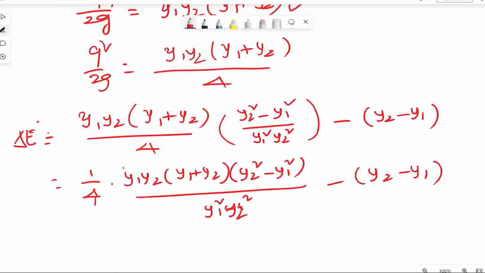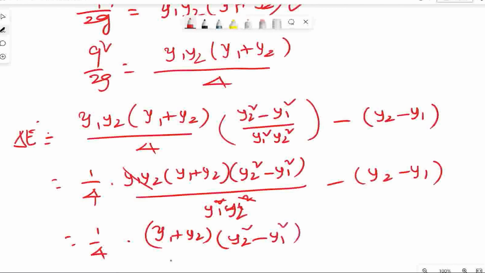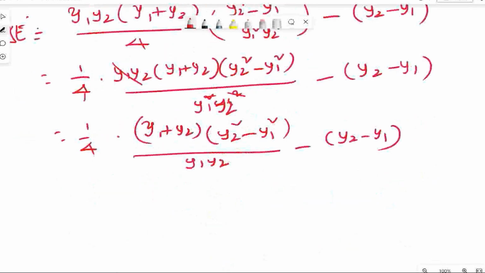The y1 y2 will cancel, so 1 by 4 into y1 plus y2 into y2 square minus y1 square by y1 y2, minus y2 minus y1. Still I try to simplify it.